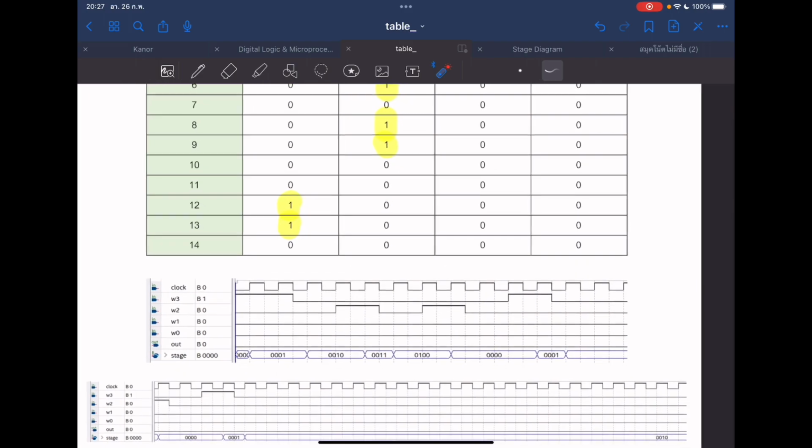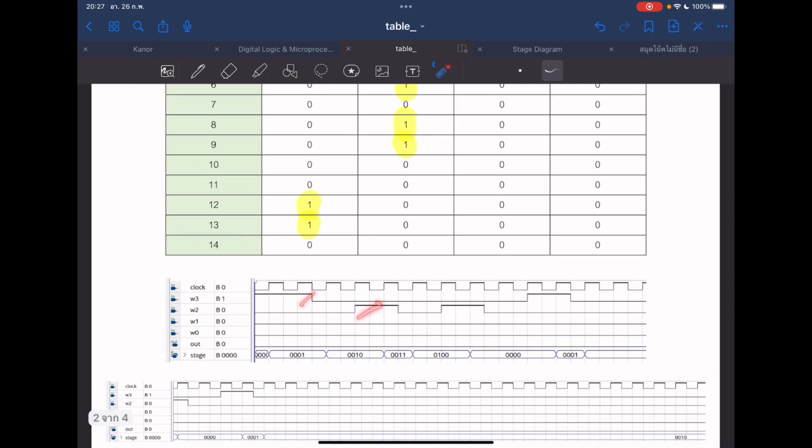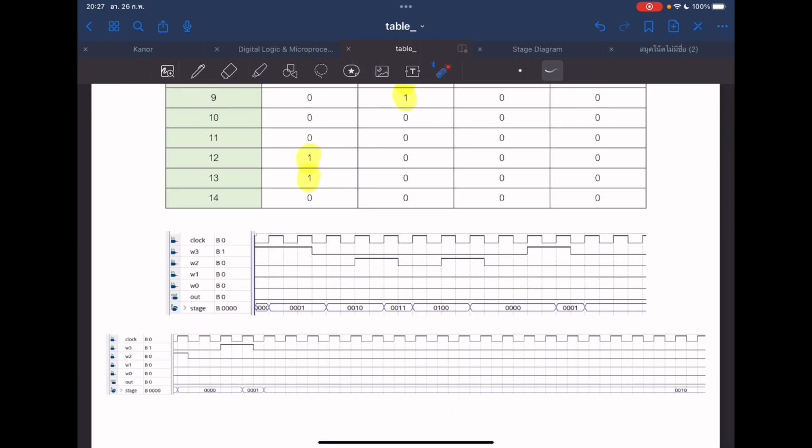So 0 to 0, 0 to, it is at this stage, stage 4.